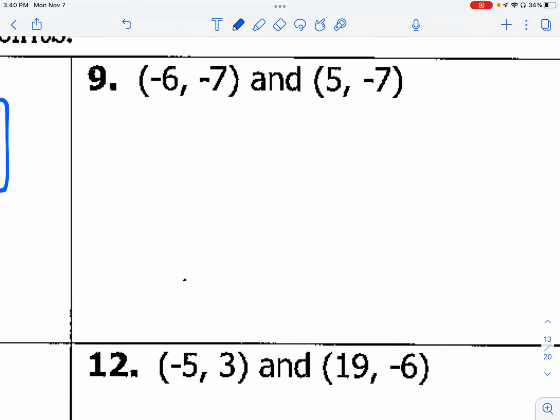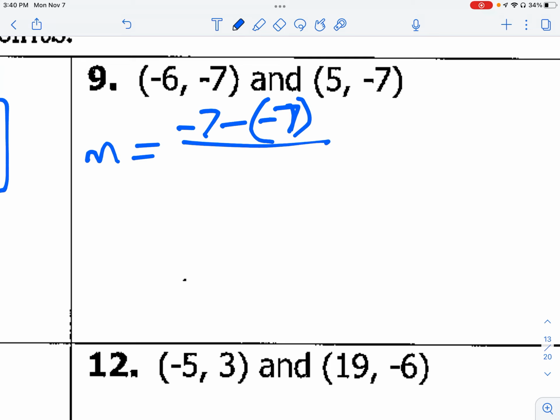Let's look at a couple more examples. m equals -7 minus a -7. And you all see where this is going to go. 5 minus a -6.